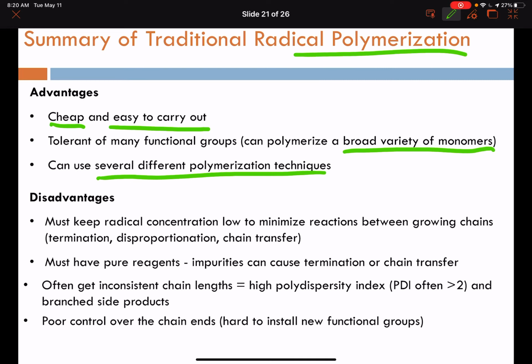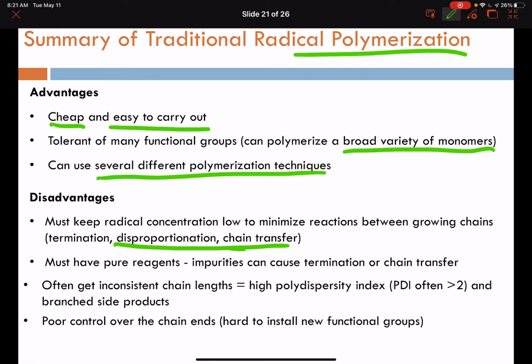There are some disadvantages. Generally, radical concentration needs to be maintained low. So this is disfavoring high rates of propagation because we want to restrict termination reactions, disproportionation, and chain transfer.